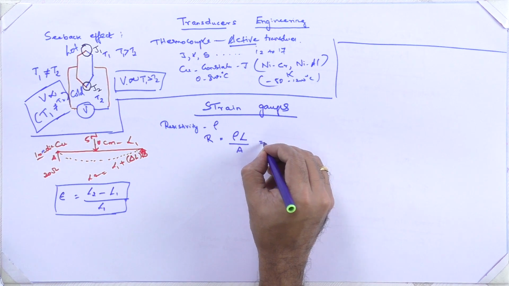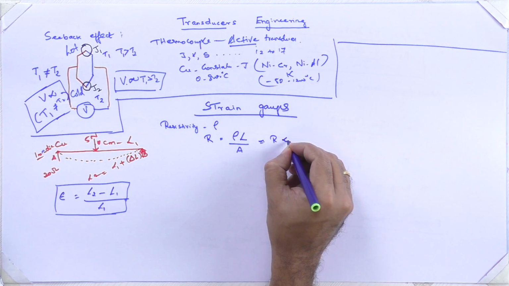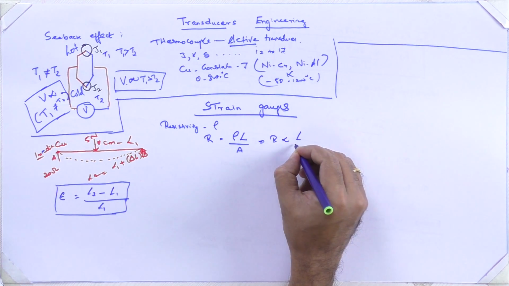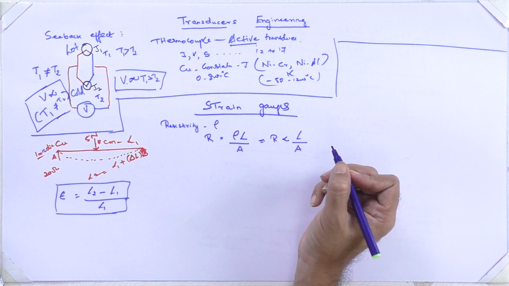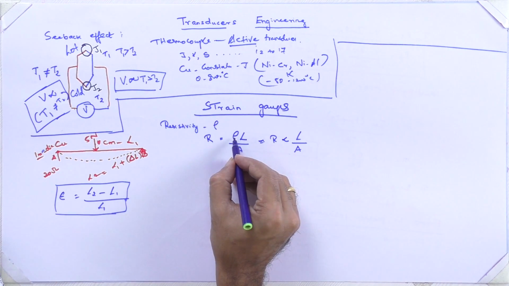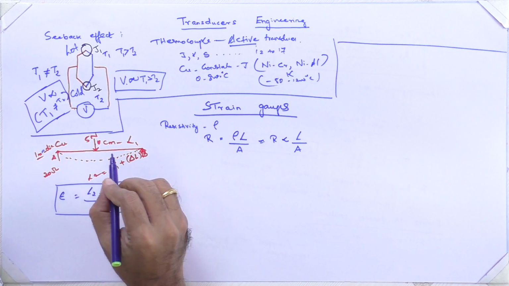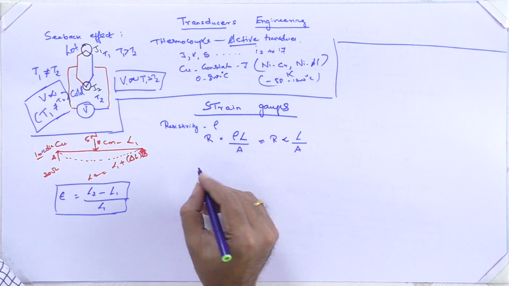This comes from the fact that resistance is proportional to length by area. Then this proportionality is removed by introducing the constant of resistivity, because resistivity is dependent on each material. Hence we introduce this rho.